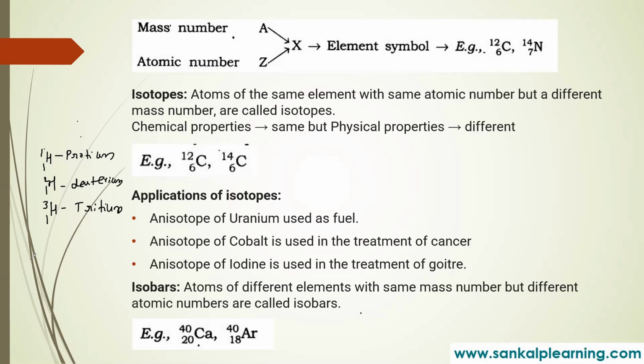So elements which have the same atomic number but different mass numbers are called isotopes. The chemical properties will be the same for the isotopes, but the physical properties will be different.